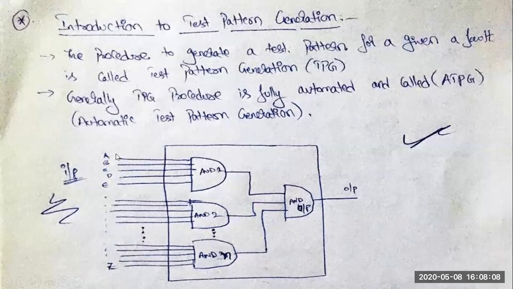Okay, a test pattern can be generated. Within this test pattern, if there is any fault at the input side, or at the output side, or at the complete output side of the circuit, that can be represented as a test pattern generator. To generate a test pattern for a given fault is called a test pattern generator.